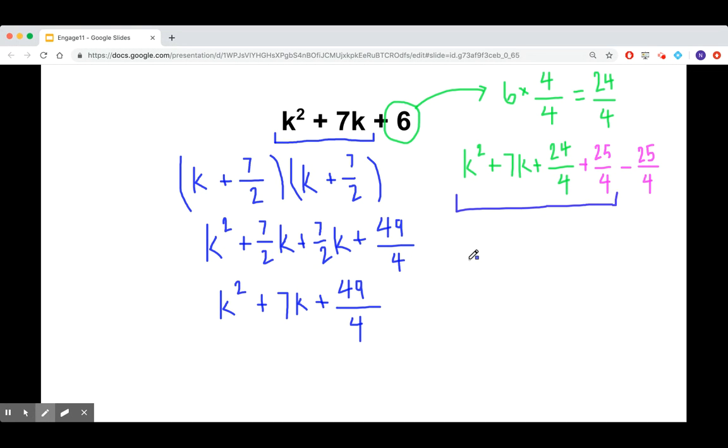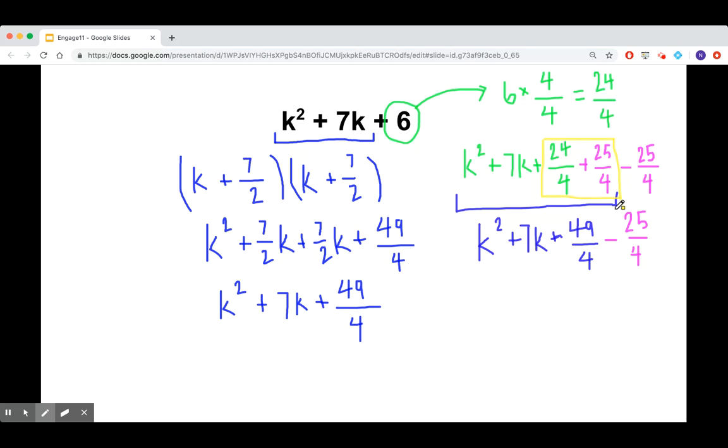the first 3 terms, k squared plus 7k plus 49 over 4. And I can't forget about this minus 25 over 4 because, of course, I got 49 over 4 by combining the like terms 24 over 4 plus 25 over 4.